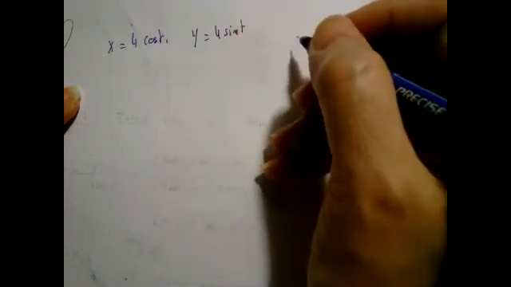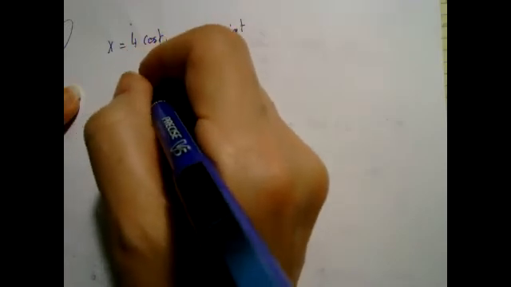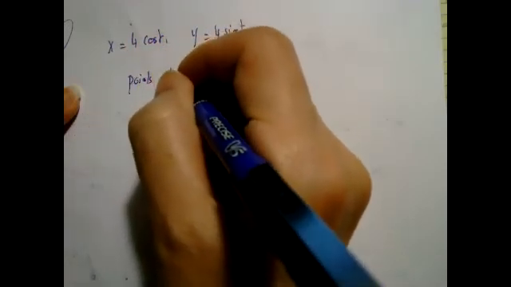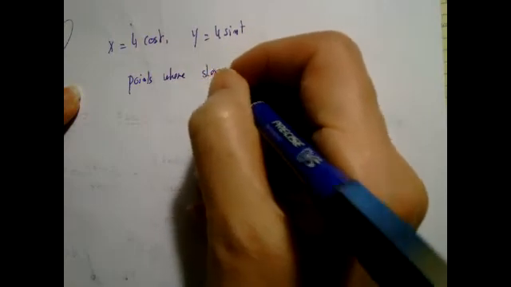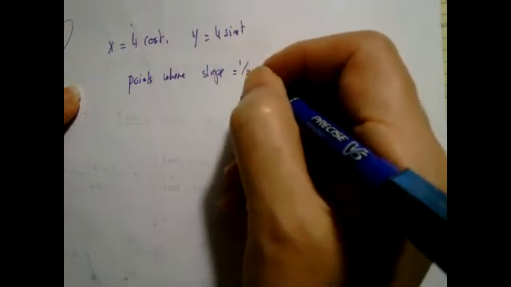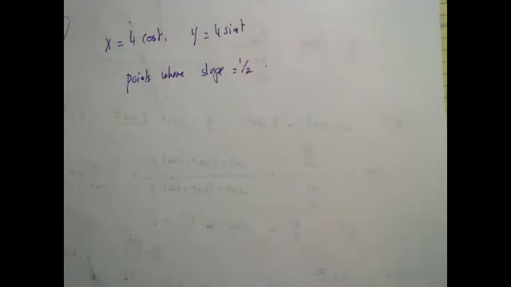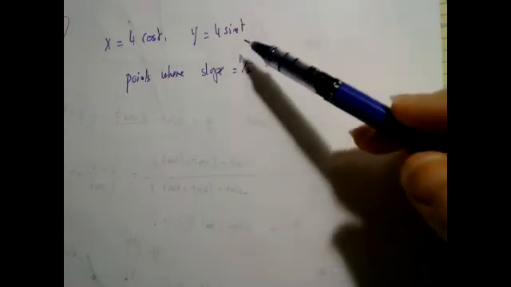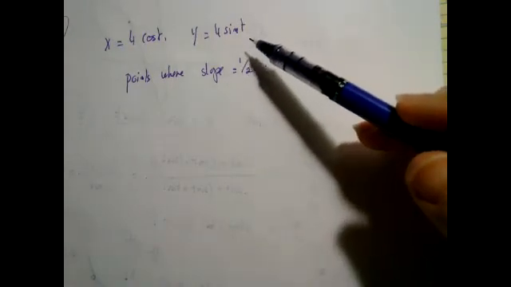And the question is, find all points where the slope is a half. Now this curve, do we know how the graph of this one looks?